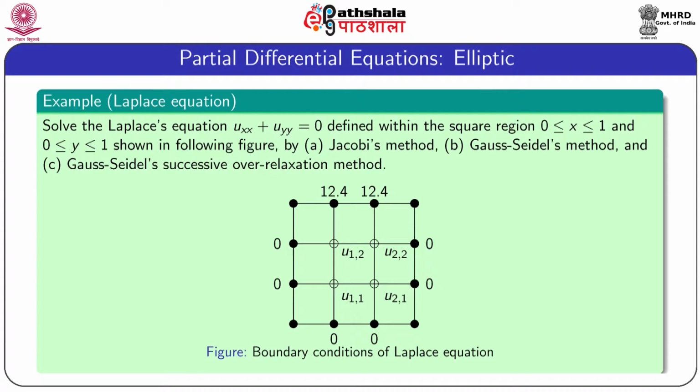In this case, the boundary values are taken as 0 along the lower line, left vertical line and right vertical line, but in the top horizontal line the values are taken as 12.4 and 12.4. Note that in this method the diagonal values are not required if we use the standard 5-point formula. So the boundary values are mentioned in the given grid or mesh points.